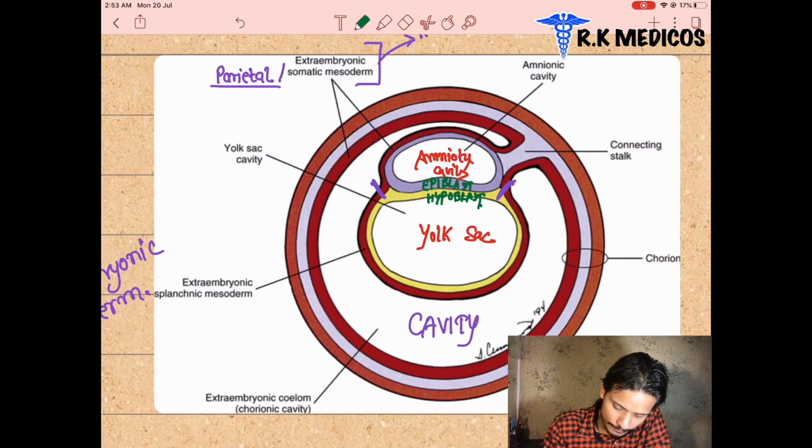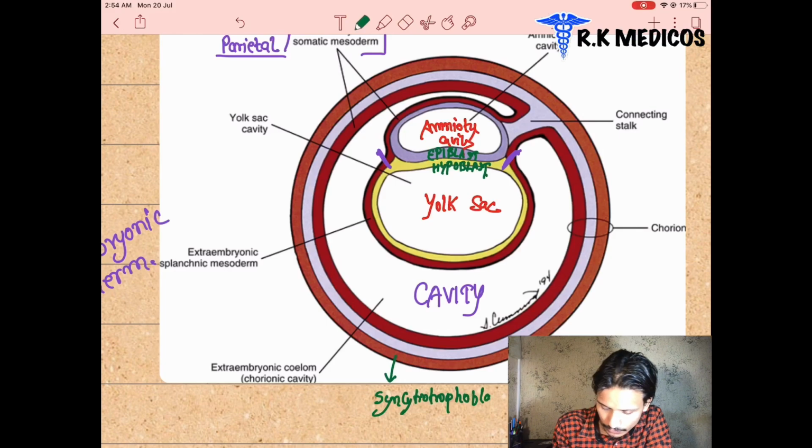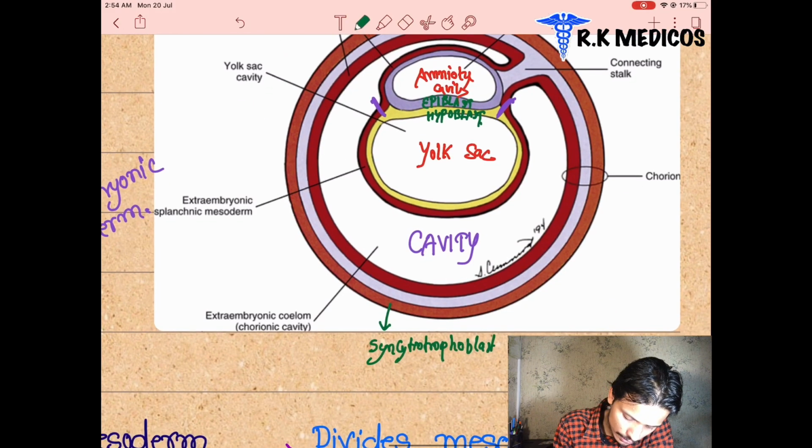Now you tell me, the outermost layer is called the syncytiotrophoblast, and next this layer is called the cytotrophoblast.